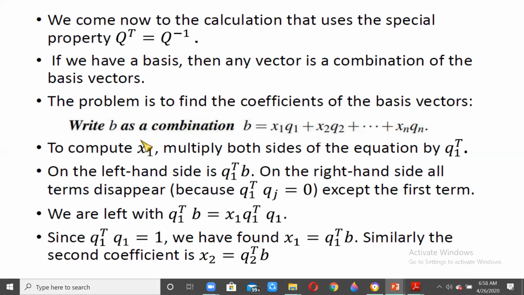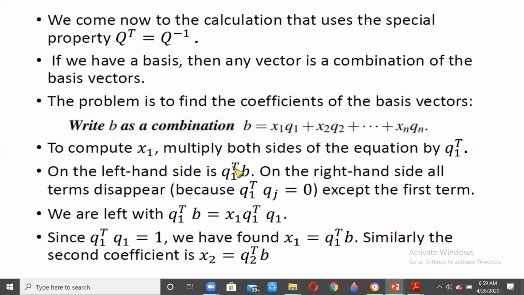So we can write vector B as a combination of the basis vectors: x1 q1 plus x2 q2 plus dot dot dot xn qn. Now to compute x1, we just multiply this equation by q1 transpose, and we'll get q1 transpose B equal to q1 transpose x1 q1 plus q1 transpose x2 q2 and all that.